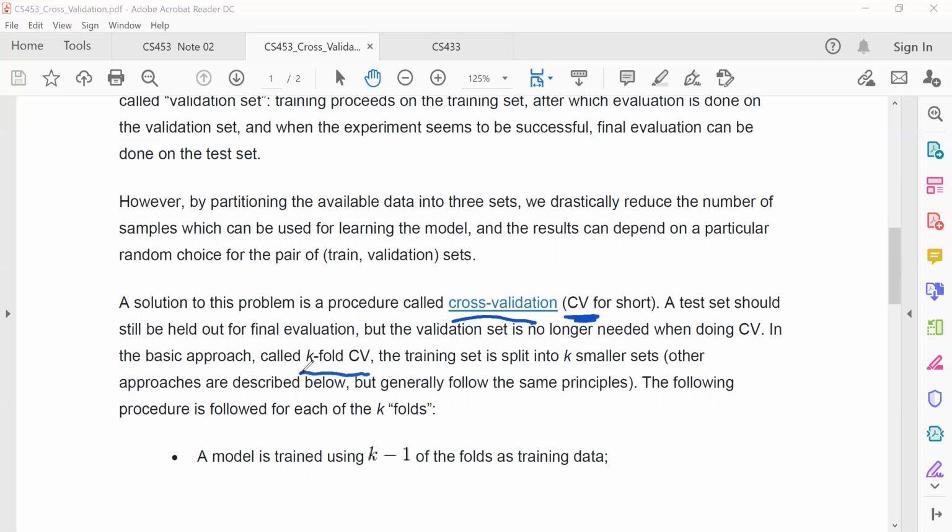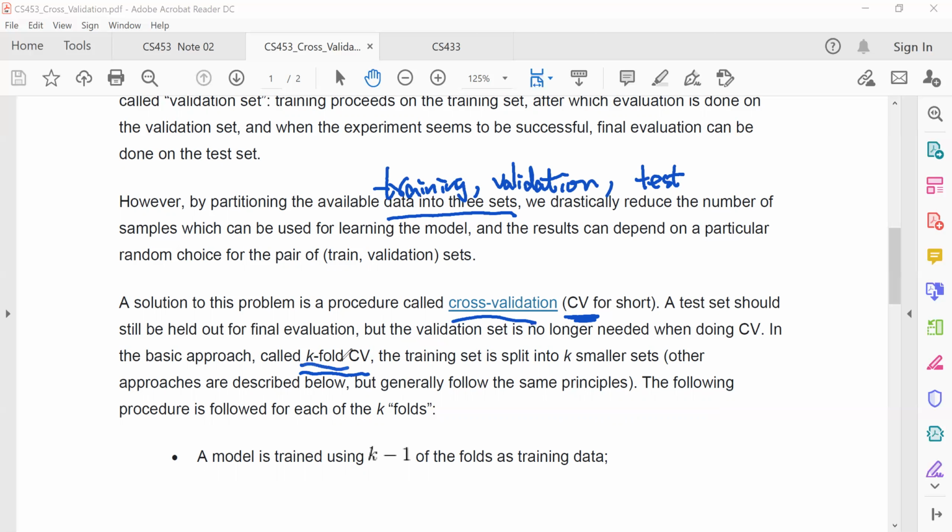With cross validation, all of the data will be in 3 sets: you have the training set, you also have the validation set, and the last one is the testing set. So that's what we mean by 3 sets.